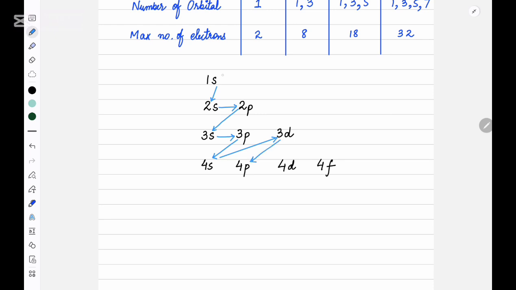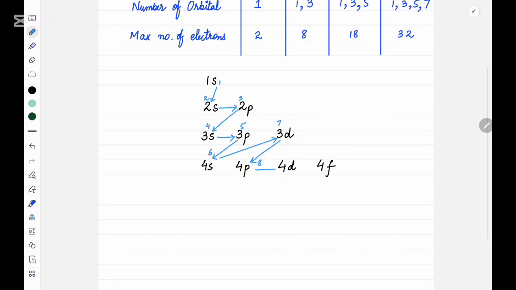So this will be the order. I can write it as 1, 2, 3, 4, 5, 6, 7, 8, and then this one, 9.